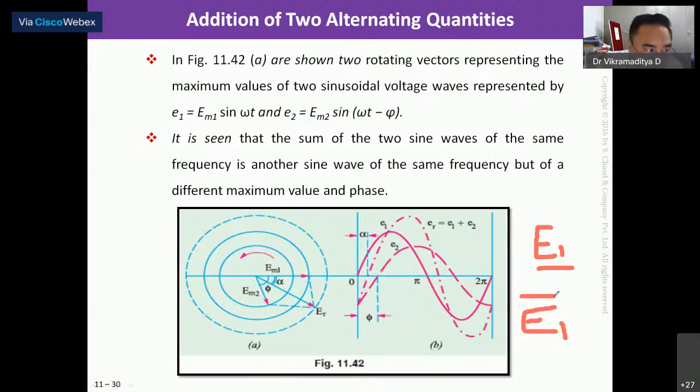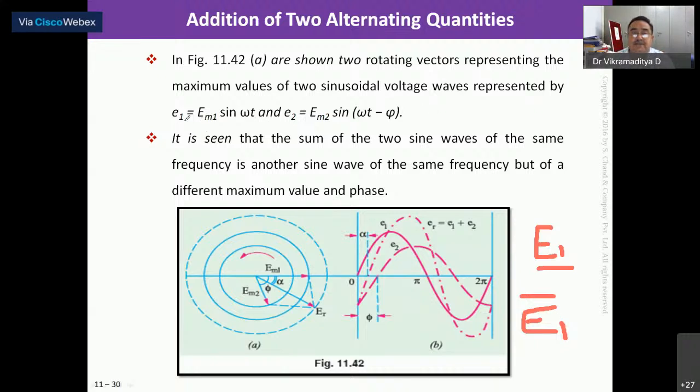Whatever convention you use, if you are using a bar above or below, it means it is a phasor quantity. While in books you will find that phasor quantities are in bold fonts. So immediately you can find out, yes, it is a vector quantity. So be cautious in this.